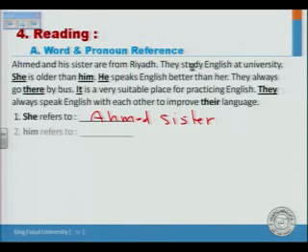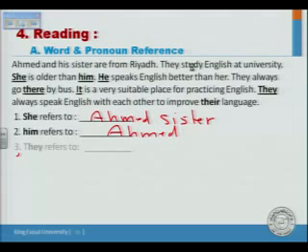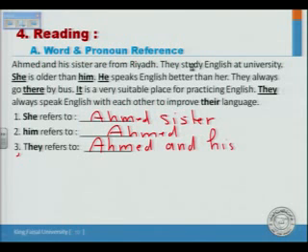Yeah. Him refers to, they're just one male. Him refers to Ahmed. Number 3, they refers to Ahmed and his sister.